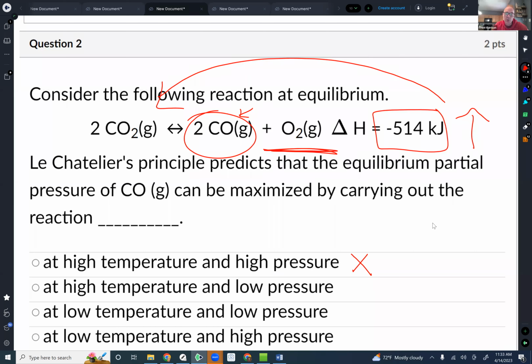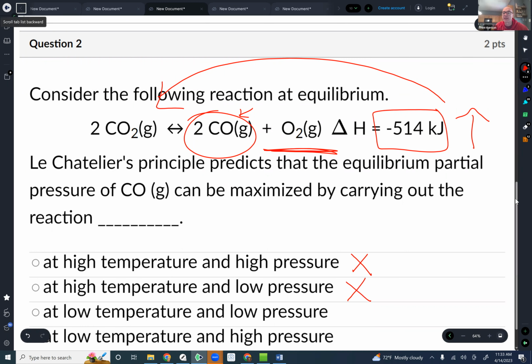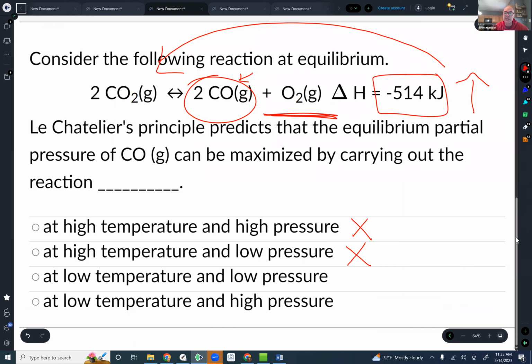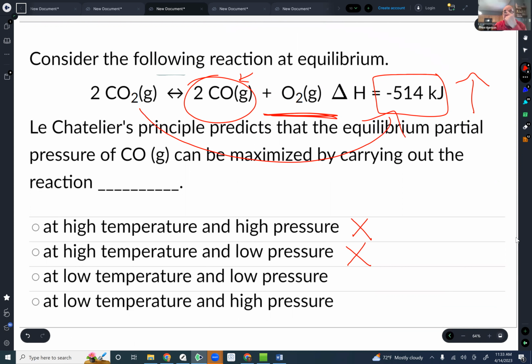Okay. So number 2, same story, high temperature is going to shift it. So we don't want high temperatures. That's not going to produce more of the product. So it's going to be one of these other ones. So if we have low temperature, that means the reaction is going to try and reverse to give it more of these products. So both of these are viable answers.